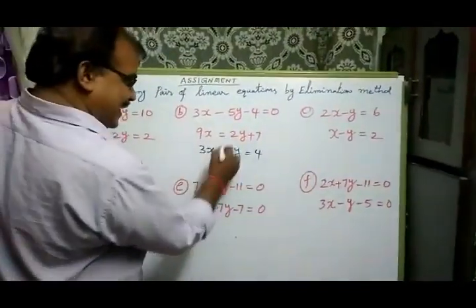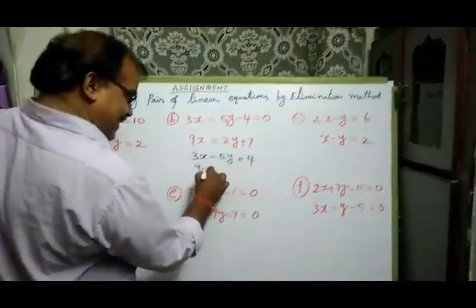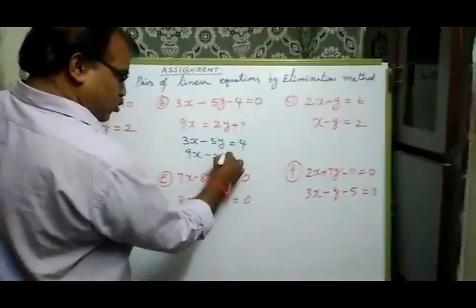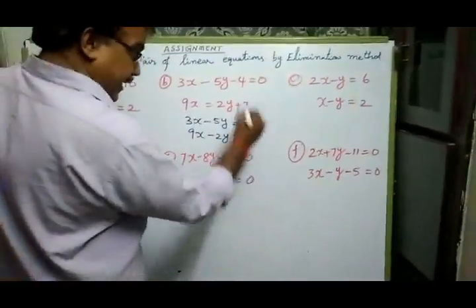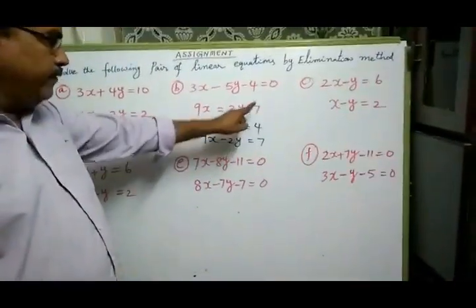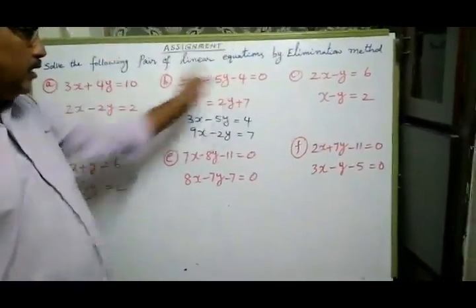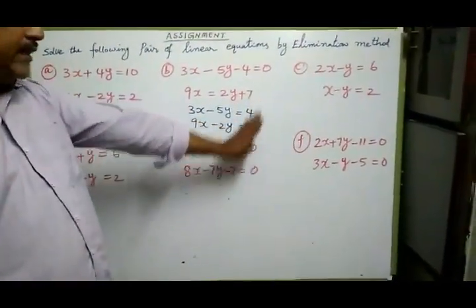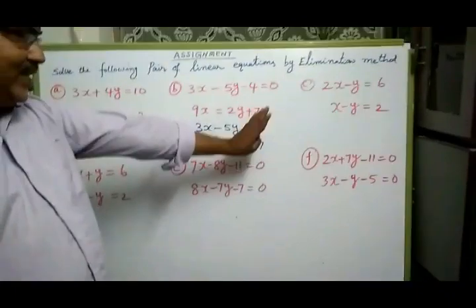And this is 9x minus 2y is equal to 7. Carefully see, understand? 7 I kept on the RHS only, so the sign remains the same.